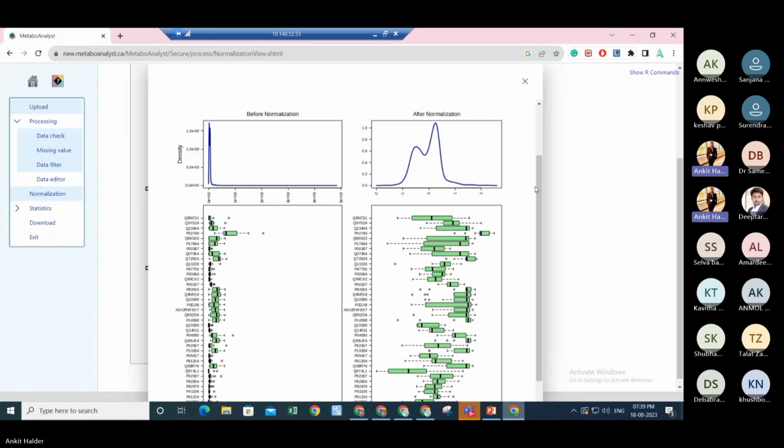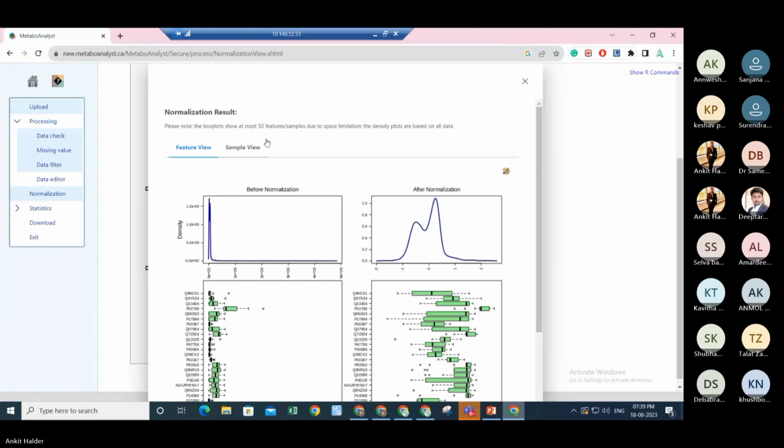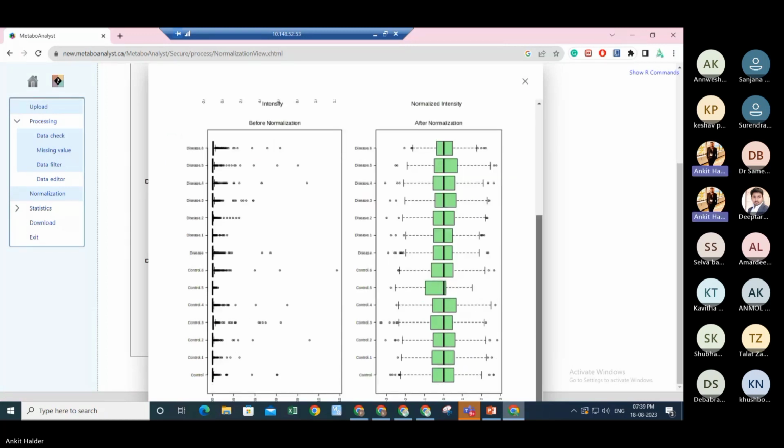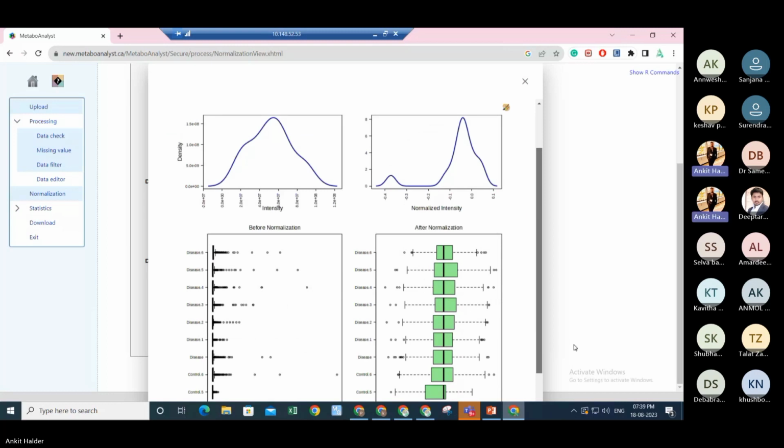But if we look at our sample view, here you can see this is your before normalization and your after normalization. So this data set, as I was mentioning, every time you will not get your data set as it is.